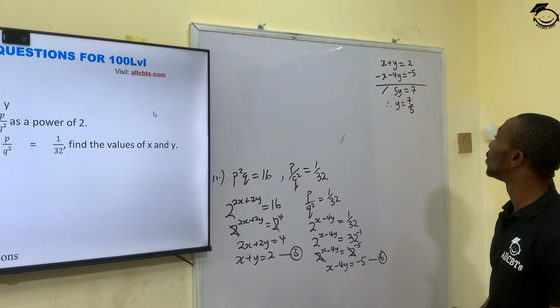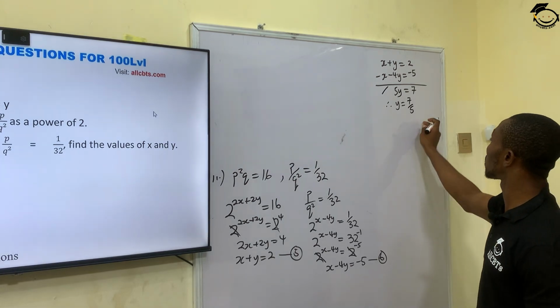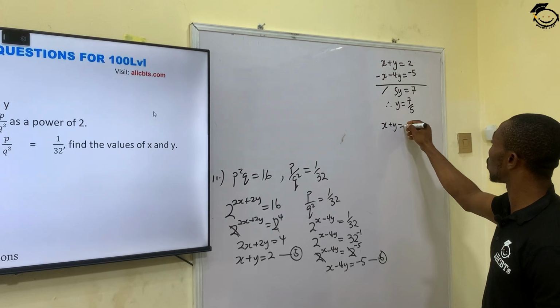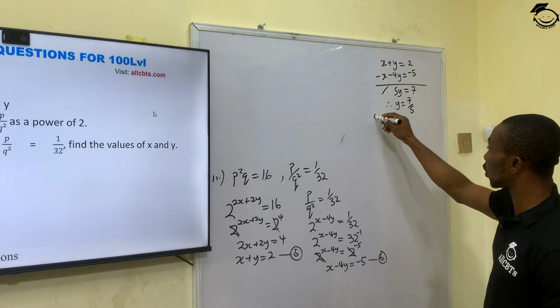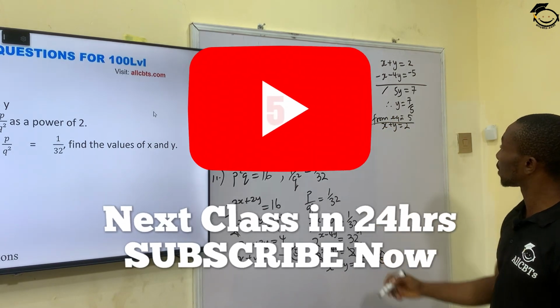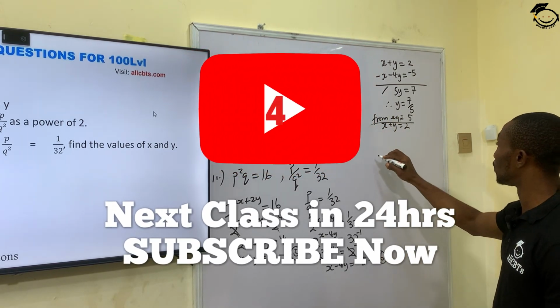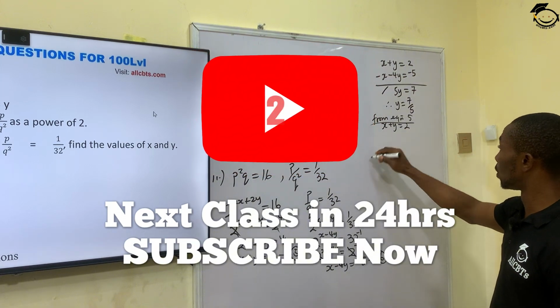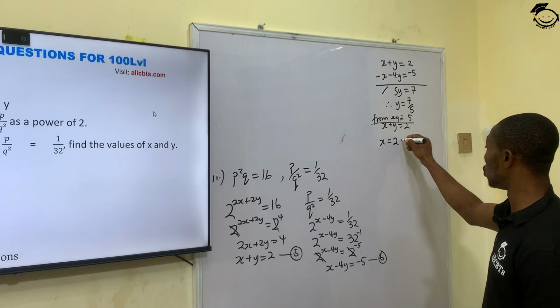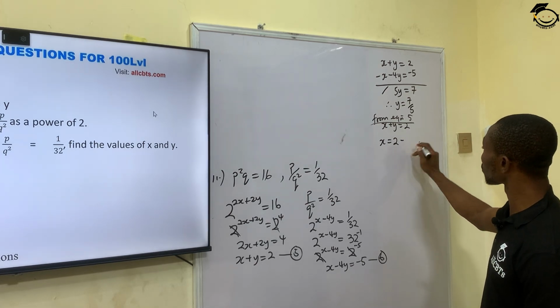Now, knowing that our y equals 7 over 5, we can find x from equation 5, x plus y equals 2. Now we know the value of y. This will give us x equals 2 minus y.